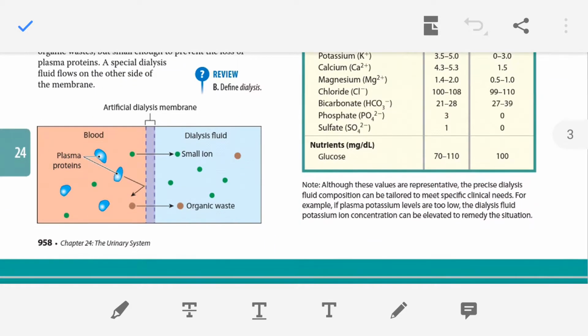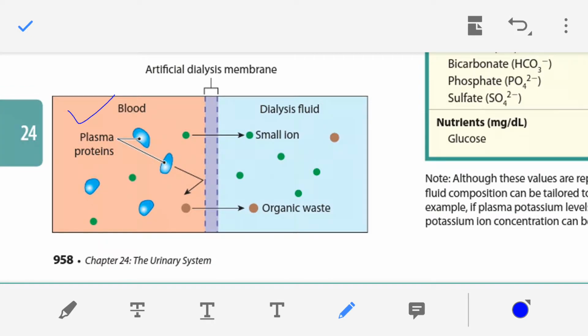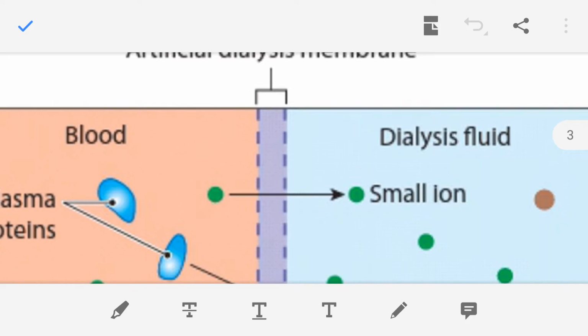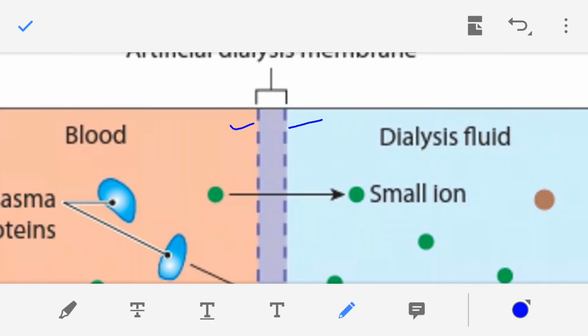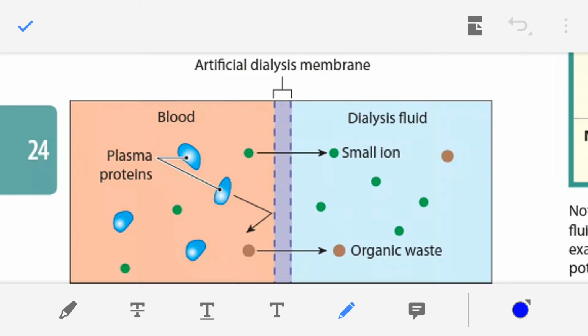Now here in this figure, see, this is the patient's blood, and here on the right-hand side the dialysis fluid is shown, and between them is the artificial dialysis membrane. If you observe closely, you will find that there are many pores present. See, this is a pore, this is a pore, so all these are pores. Through these pores a small ion can diffuse.